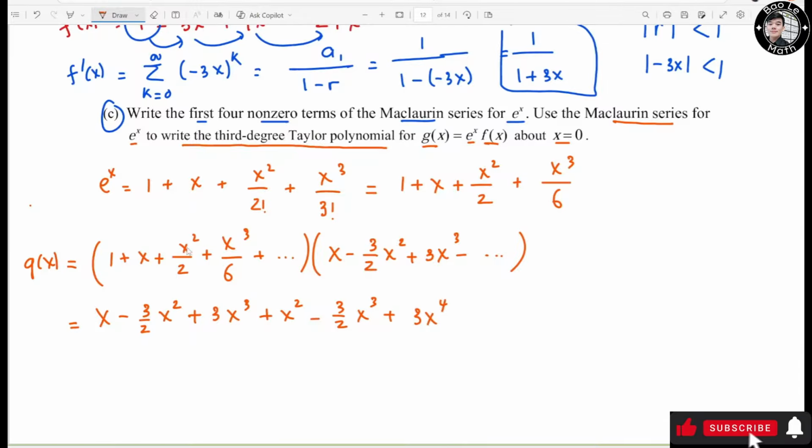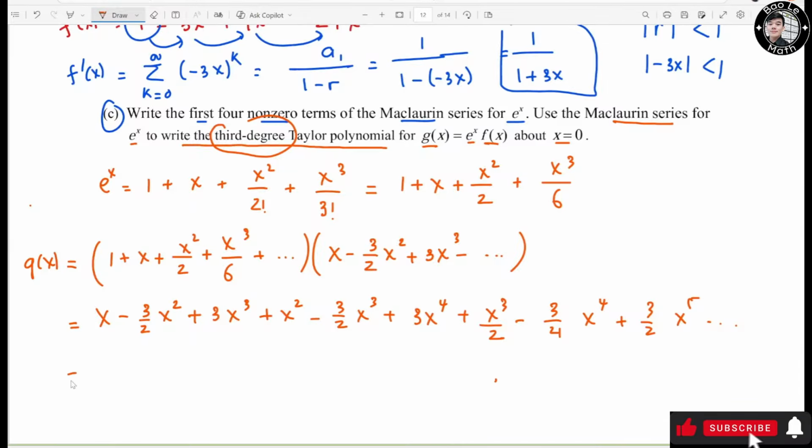And s squared over 2 times this one could be plus s cubed over 2. S squared over 2 times this one is going to be negative 3 over 4 s to the 4. And this guy times this guy is going to be 3 over 2 s to the 5th. S cubed times this one could be s to the 4, but we only need the third degree, so we can stop right here.